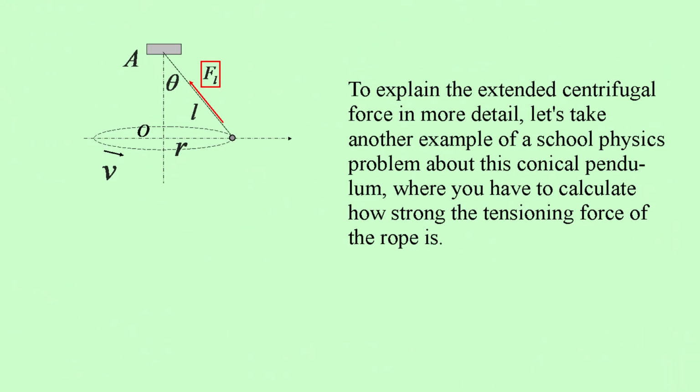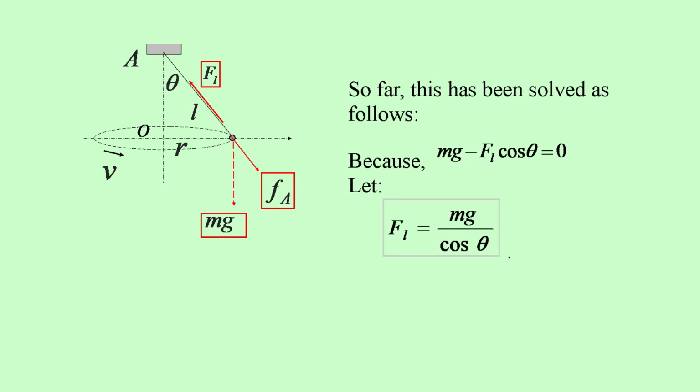To explain the extended centrifugal force in more detail, let's take another example of a school physics problem about this conical pendulum, where you have to calculate how strong the tensioning force of the rope is. So far, this has been solved as follows.